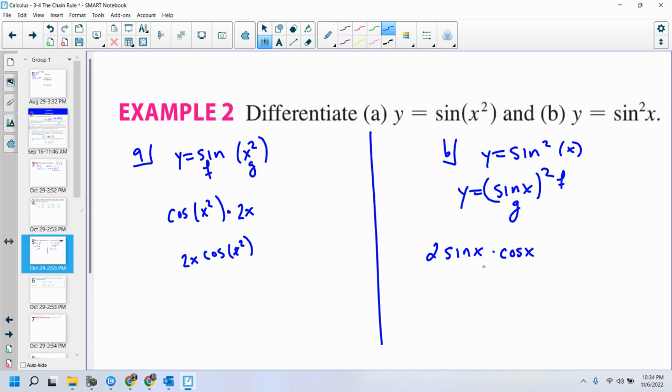And if we're being fancy, that's a double angle formula. That's sine 2x. I would totally be fine if we left it like this. But if we're being picky, that's a double angle formula. Look at it on Mr. Delap's trig sheet, and you'd find it.